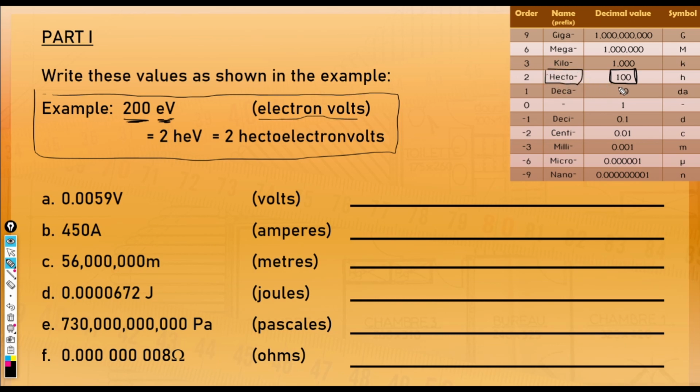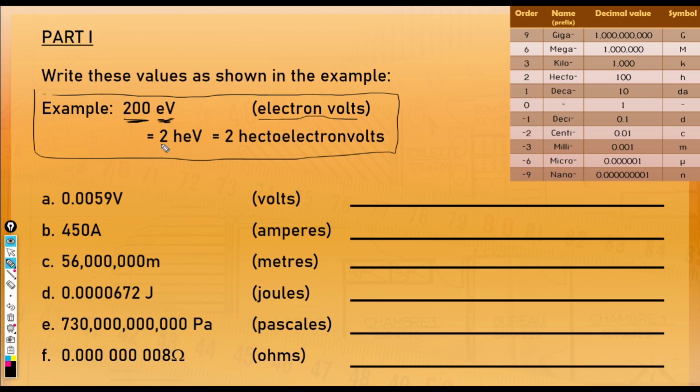So 100 meters is 1 hectometer, and 100 electron volts will be 1 hectoelectron volt. But of course here we have 200 electron volts, so that means we have 2 hectoelectron volts.